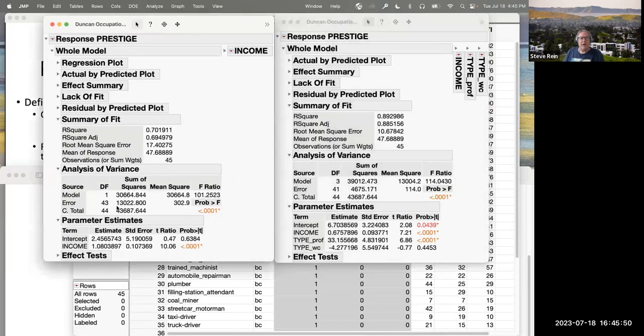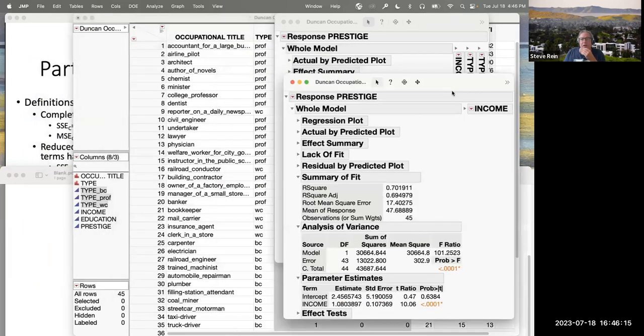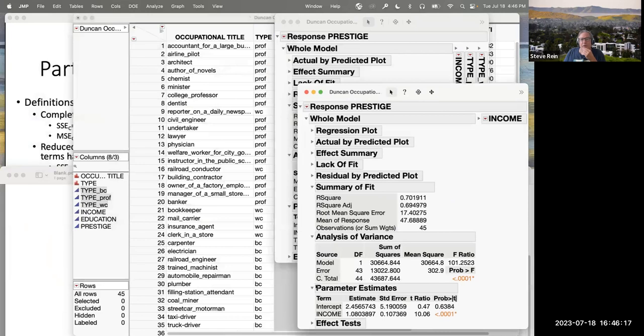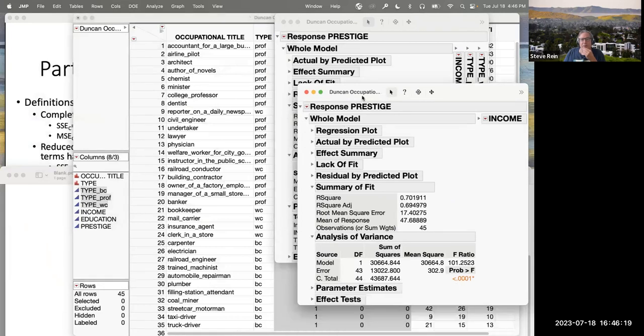So it seems like it's got a larger sum of squared error than we used to have. Larger sum of squared error says to me, well, probably at least one of the two terms that I dropped, the professional, in terms of its difference from blue collar, or the white collar in terms of its difference from blue collar, at least one of these two adjustments to the intercept was necessary. So I can have complete model upstairs and reduced downstairs.